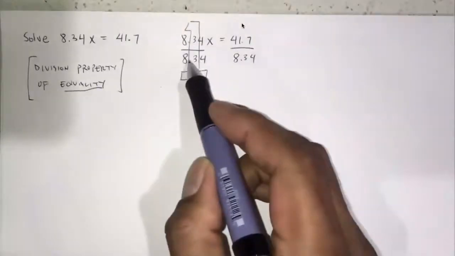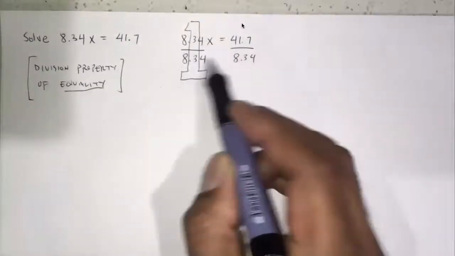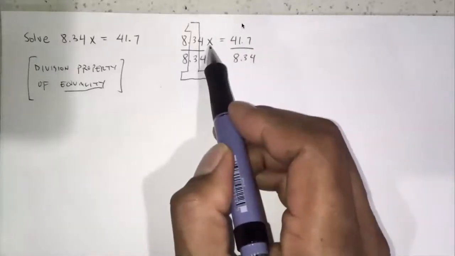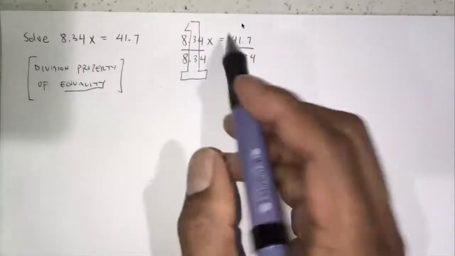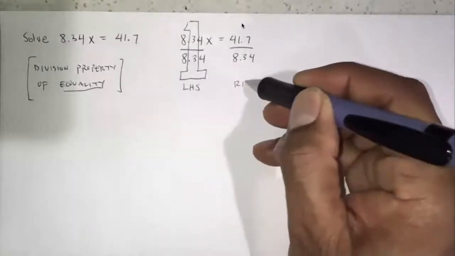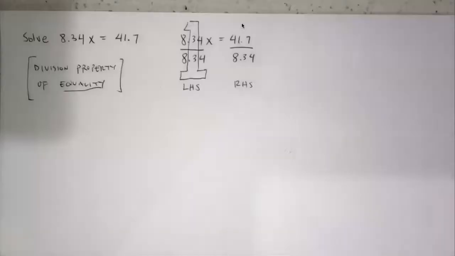Remember that when we're doing these equations, this must always stay balanced. That's why we're looking for that value, to make sure that the left-hand side of the equation is equal to the right-hand side of the equation.